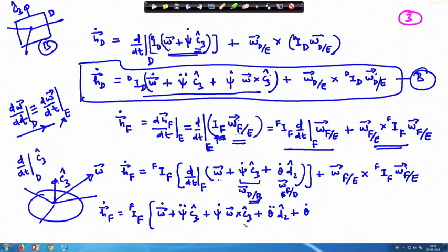So, omega times C 3 cap and then theta double dot is coming here, H f we are taking here. Okay.